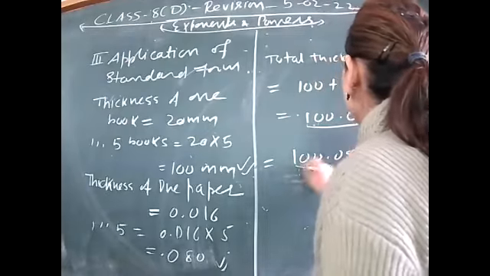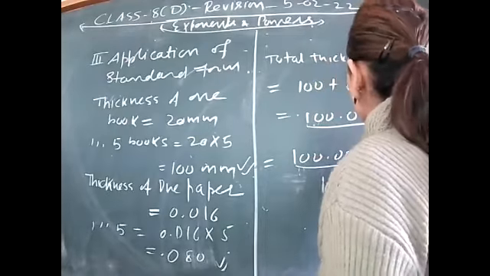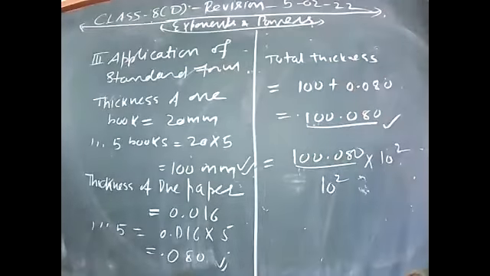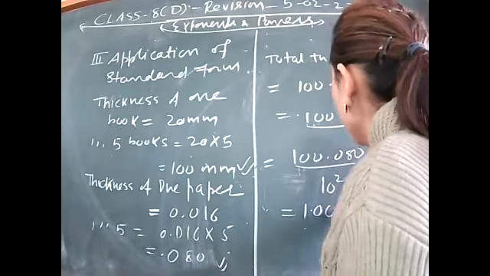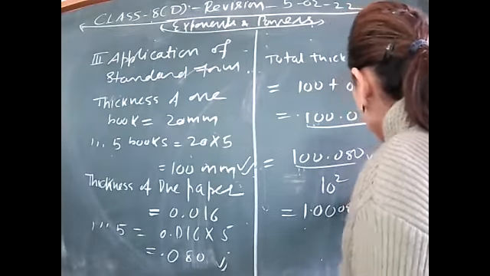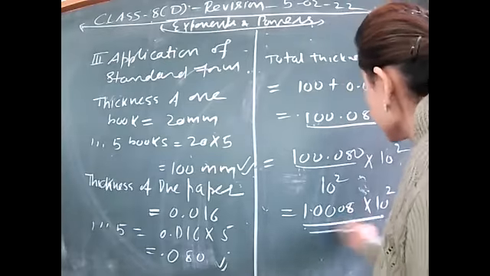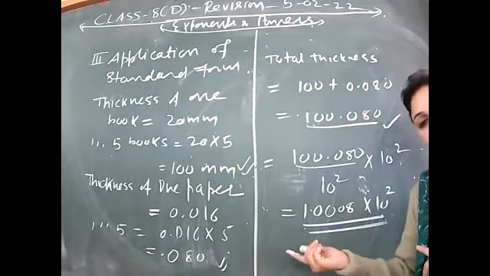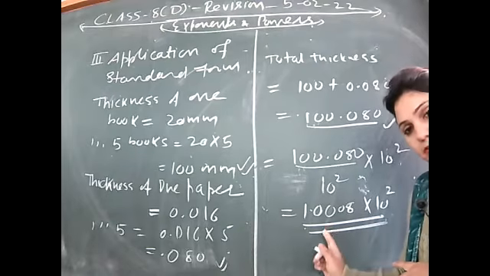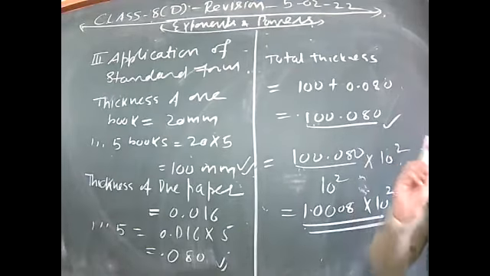So accordingly, you have to multiply by 10 raised to power 2. So the decimal will come here: 1.00080 into 10 raised to power 2. This is the thickness of the stack. If it is asked in the question to convert that in the standard form, then this step is necessary. Otherwise, you can leave the sum here.